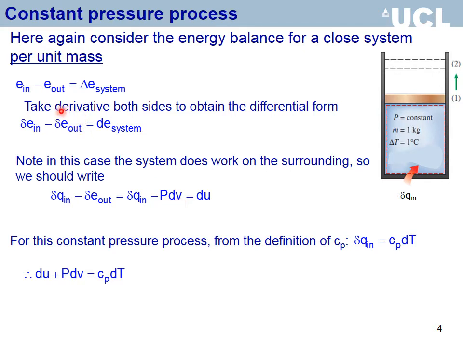So I substitute this del E out as P dV. So I get del Q in minus P dV equals dU. Again, in this case, I have disregarded the change in potential and kinetic energy, which is a reasonable thing to do for a small system that we are trying to analyze, right? So we get dQ in minus P dV equal dU.